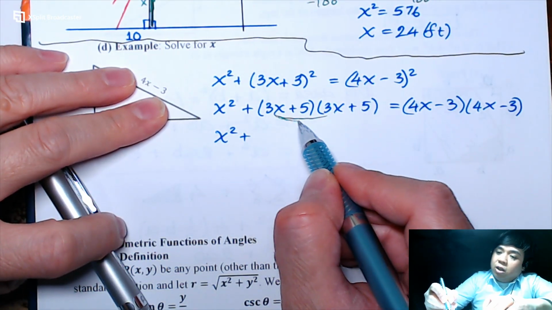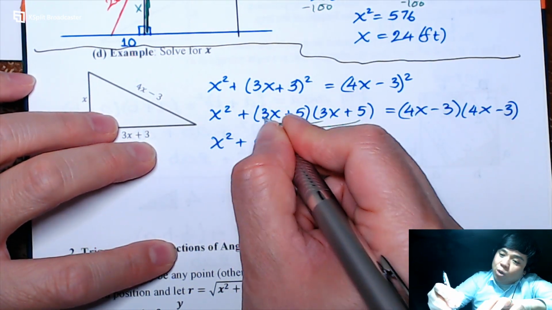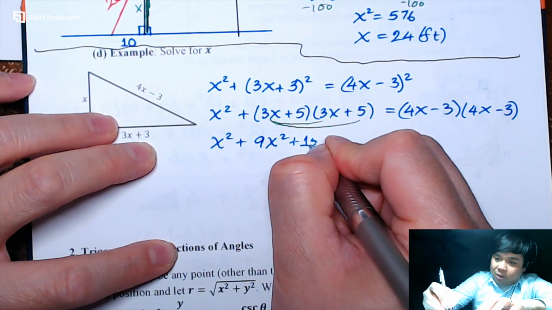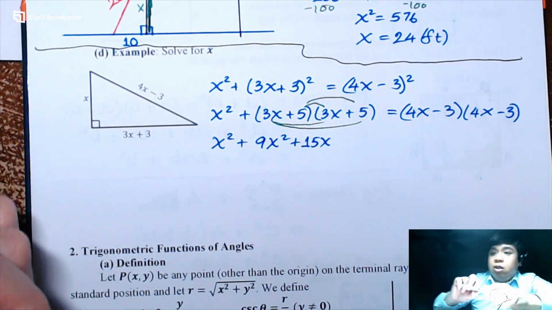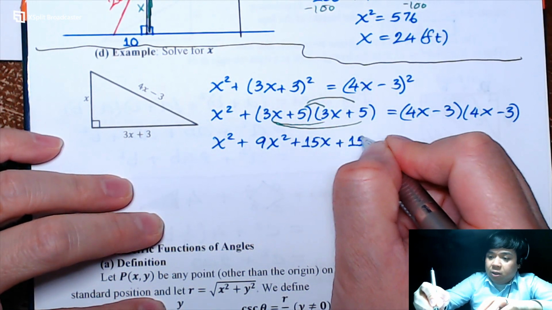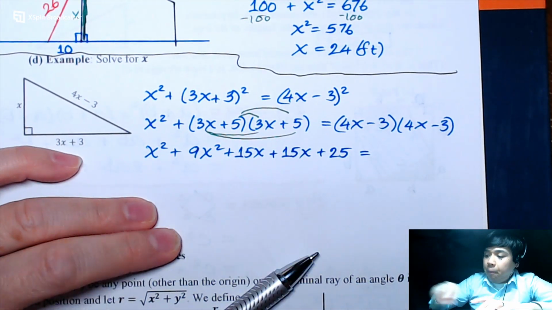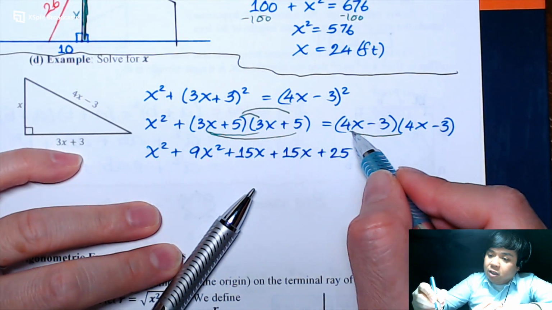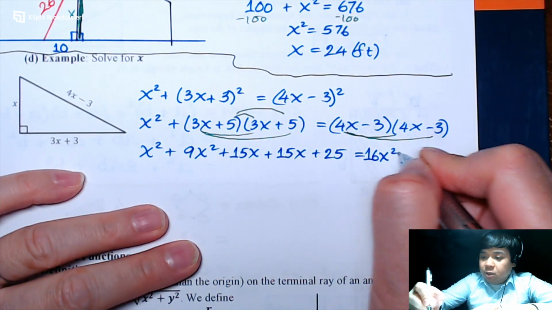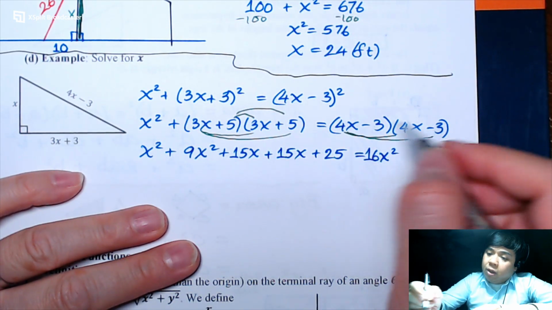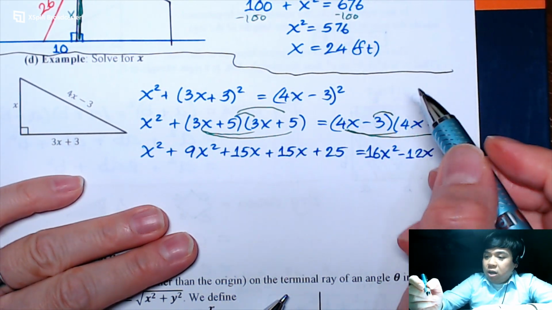3x times 3x is 9x squared, 3x times 5 is 15x, 5 times 3x is 15x, 5 times 5 is 25, equal to, do the same thing, multiply: 4x times 4x is 16x squared, 4x times minus 3 is minus 12x, minus another 12x, plus 9.